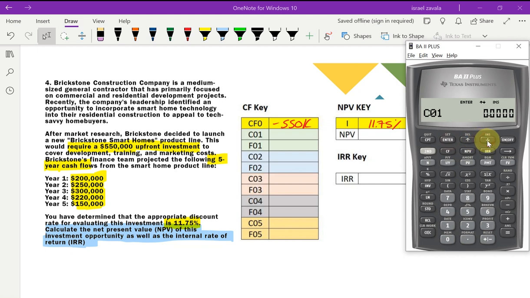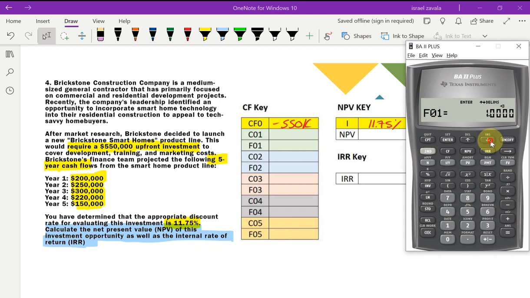Enter. Cash flow time 1, 200,000. Enter. Cash flow time 2, 250,000. Cash flow time 3, 300,000. And time 4, 220. And the last one, 150,000.